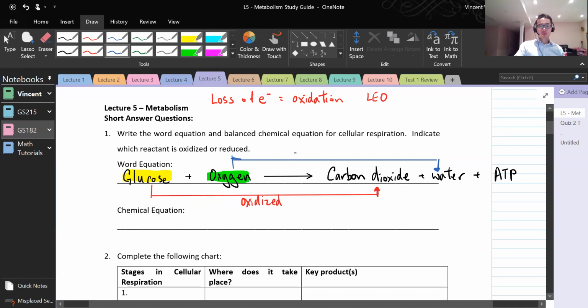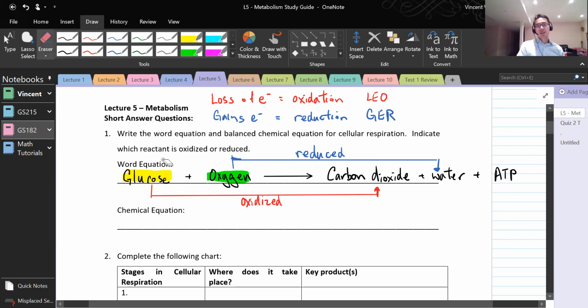So this is reduced. Okay? So when something gains electrons, we call it reduction. So you can remember it as GER. Gaining electron is reduction. Okay.